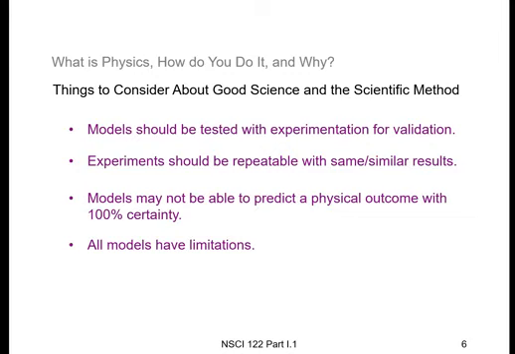Getting back to gravity, right? If you ask me, why does the rock fall off the cliff? I can say, well, the model of gravity, the theory of gravity, says the earth is pulling down on the rock. But you might ask, well, why is that? And I'll say, well, one of the things I'm going to state in my model is that all objects made out of matter attract each other.